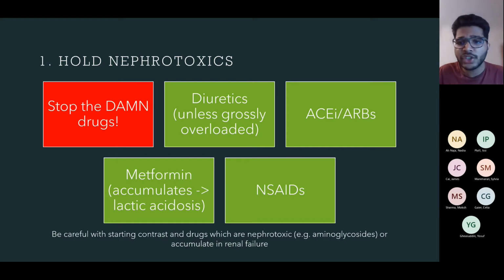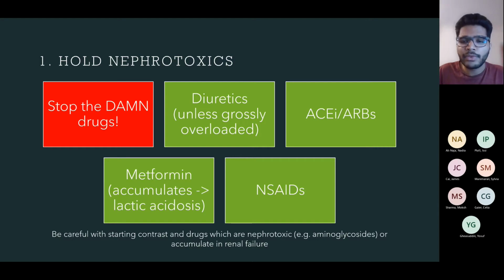So diuretics, generally avoid, unless they're really volume overloaded and they need diuresis. ACE inhibitors and ARBs, you just should not give people in AKI. Metformin, not because it's nephrotoxic, but because it can accumulate and cause a lactic acidosis, and that can exacerbate the metabolic acidosis that they might already get.